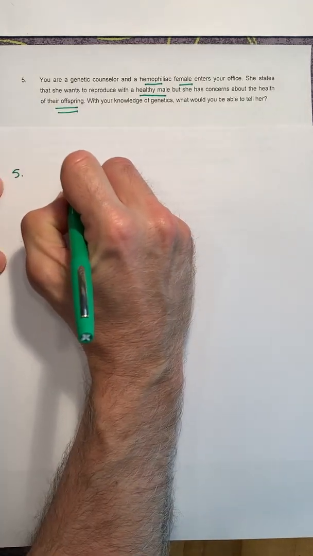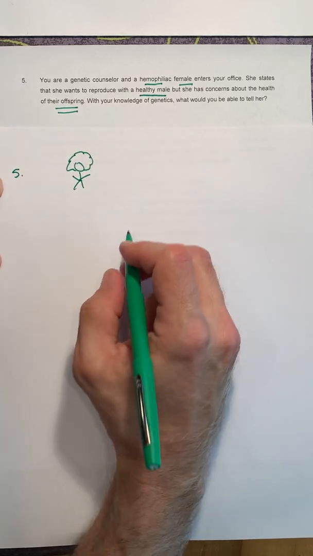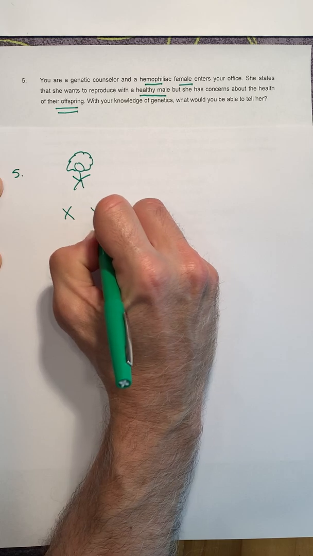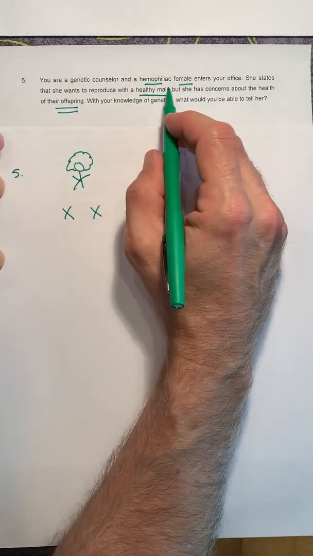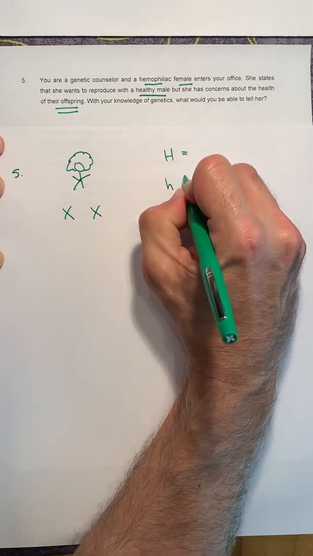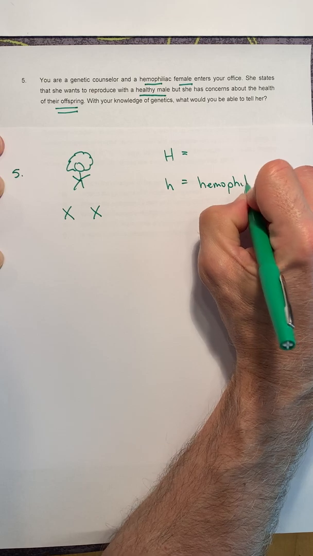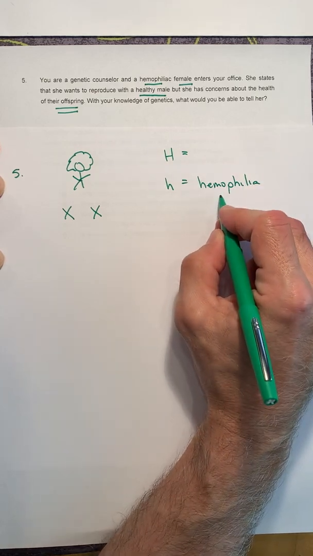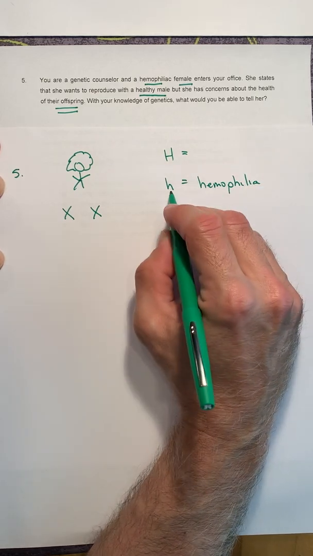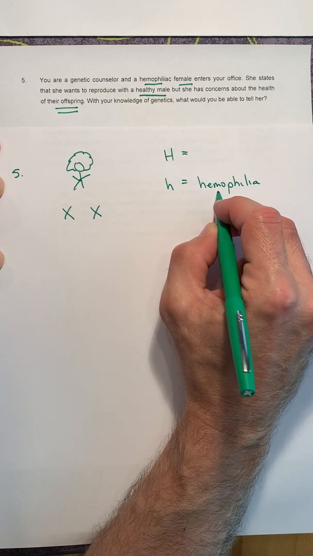So what I want you to think about here is if you have a female walking into your office, she's a female, so she's XX, and they tell you that she's suffering from hemophilia. So you'll see from the earlier problems that hemophilia is a recessive sex-linked disorder, which means the lowercase h, the recessive allele, is your hemophiliac condition.